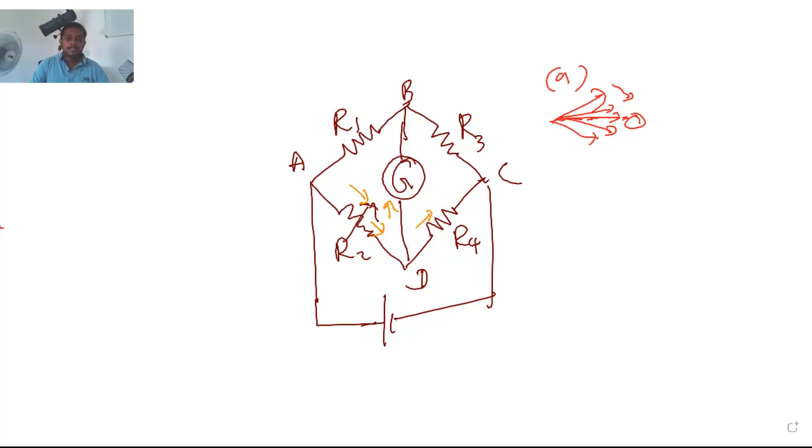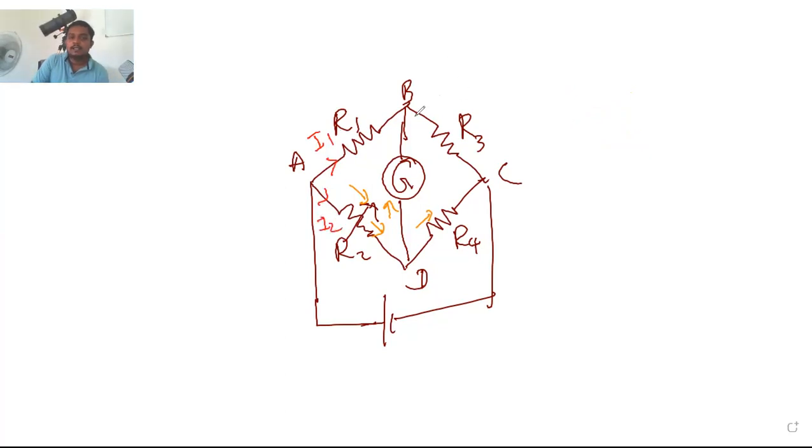When the bridge is balanced, or at a null point, balance means null point. The currents in the R1 and R2 resistors are I1 and I2. What are the currents flowing in R3 and R4? Now we consider when it is balanced. In balance, the current going through this one is I1, this one is I2.